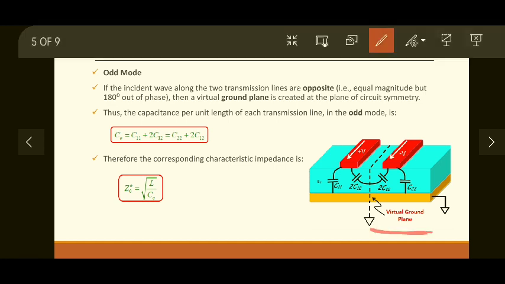The virtual ground plane is shown over here. This is because the voltage is plus V and minus V, equal in magnitude but opposite in direction. Phase is out of phase.